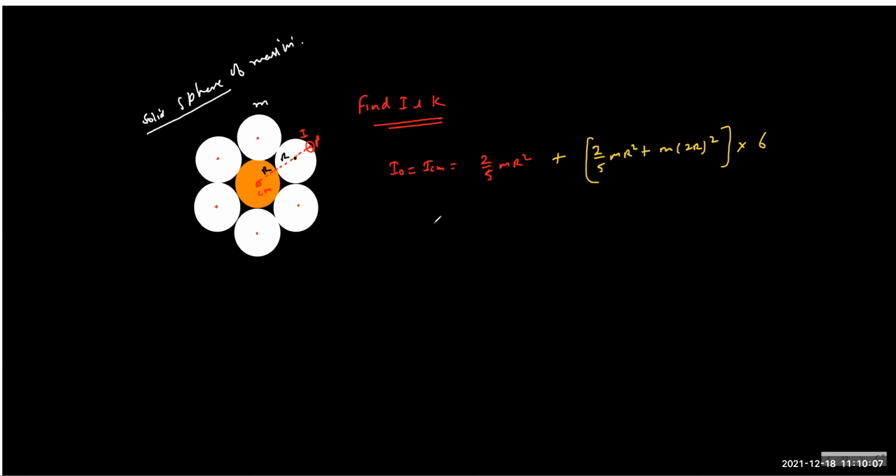So now you got ICM. And because this is ICM, finding IP is not difficult. So for IP, we can apply the parallel axis theorem, which is ICM plus 7m into 3r whole square. This is the answer. So how much is ICM by the way? So 7 times 2 by 5.